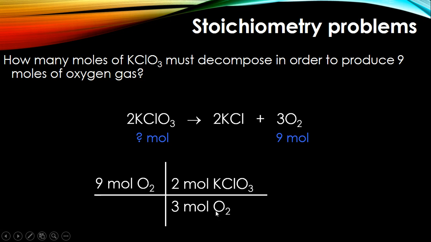So I've canceled out moles of oxygen. I'm in moles of potassium chlorate. That's what I'm trying to get to as my unknown. So I would multiply across the top, right, which is 18. Multiply across the bottom, and it ends up only being 3. And so 18 divided by 3 is 6 moles of potassium chlorate.